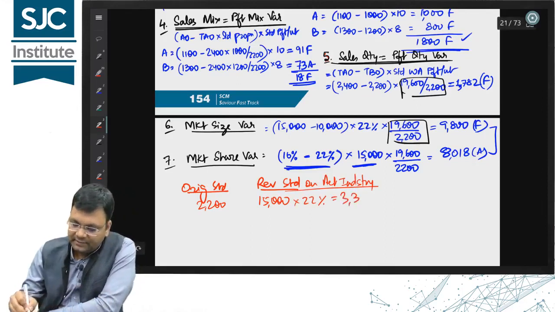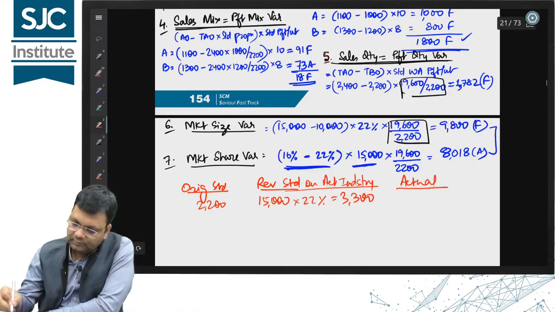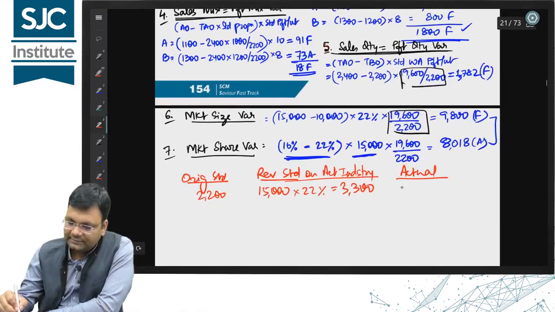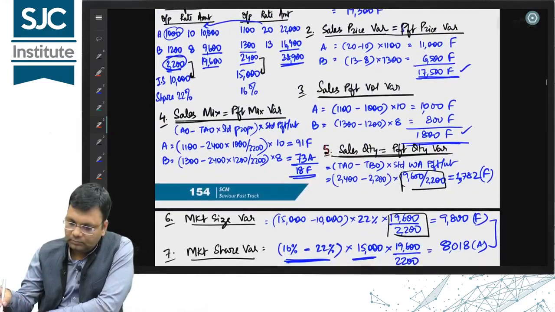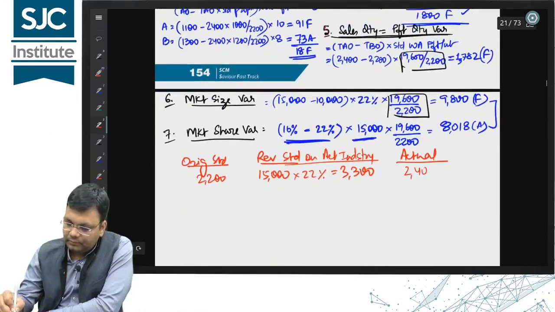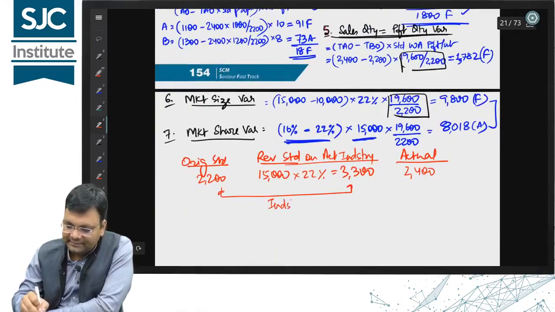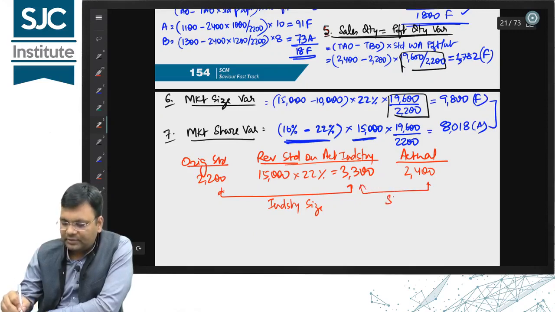This is 3,300. Then there is actual. Actual is 2,400. So when you are comparing this two, you get industry size, and when you are comparing this two, you get share variance.